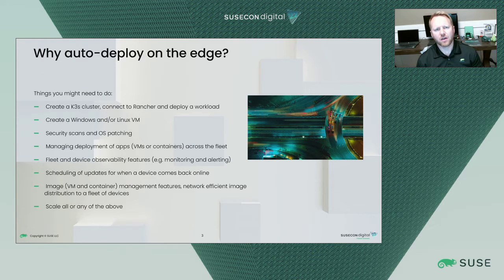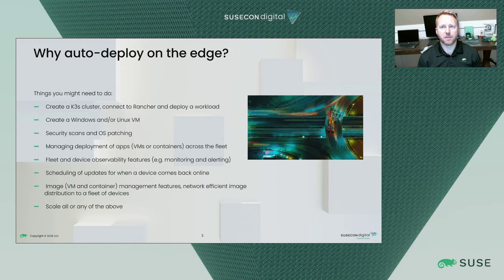So why auto deploy on the edge? Well, there's some things that you need to do. Looking at the edge platforms, sometimes they are either not really connected to an enterprise infrastructure, or your enterprise infrastructure might not be really close to you.